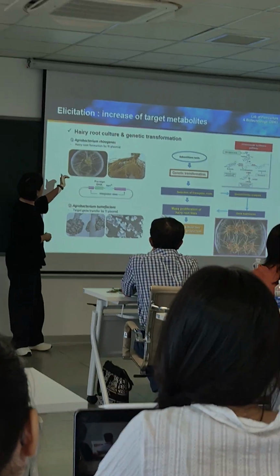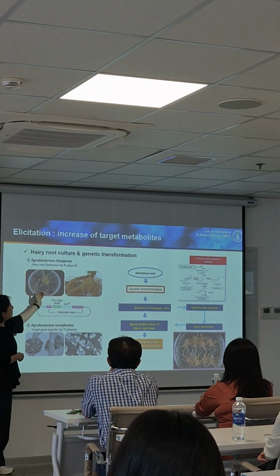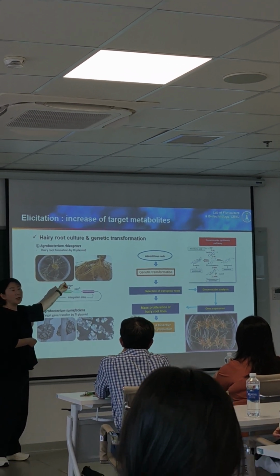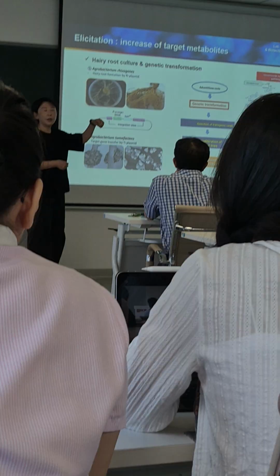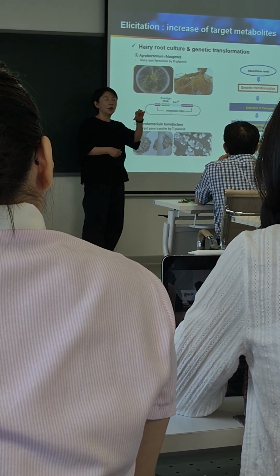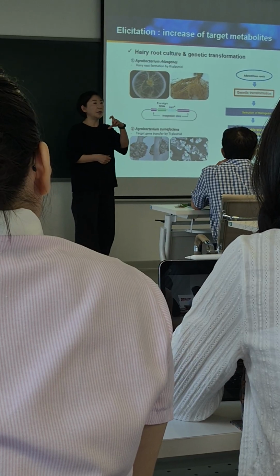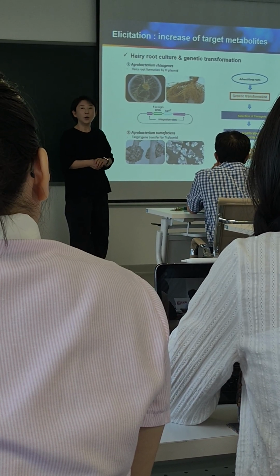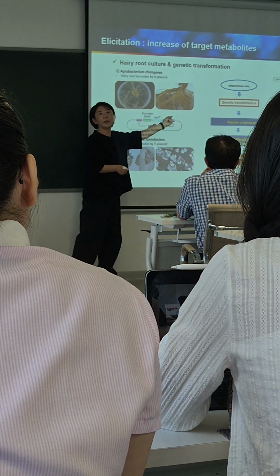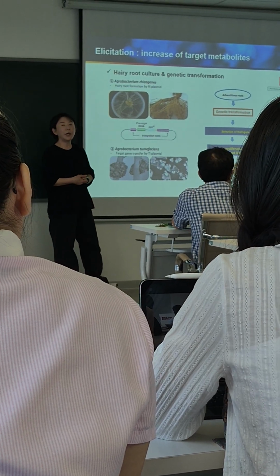So this is Agrobacterium rhizogenes. If we culture Agrobacterium rhizogenes with plant tissue, one of the root-inducing genes is integrated into the plant genome, and they can produce continuously proliferating roots. It is called hairy root.